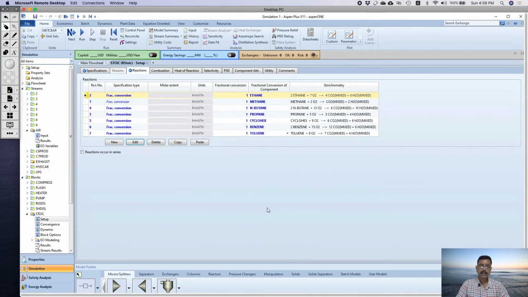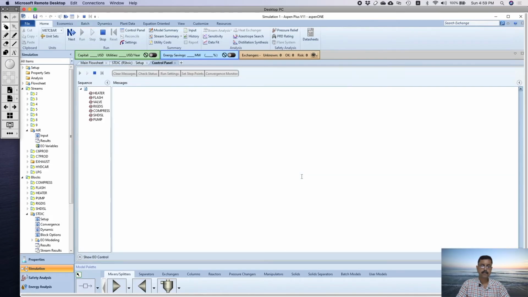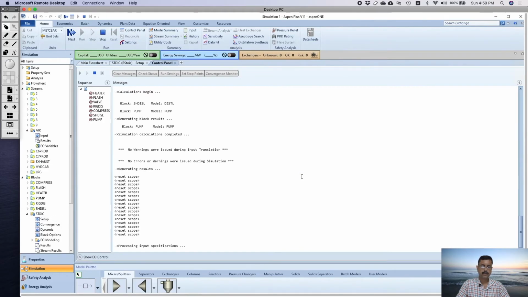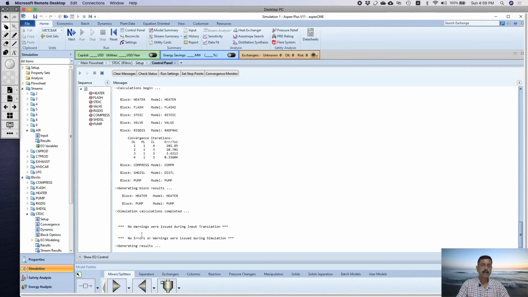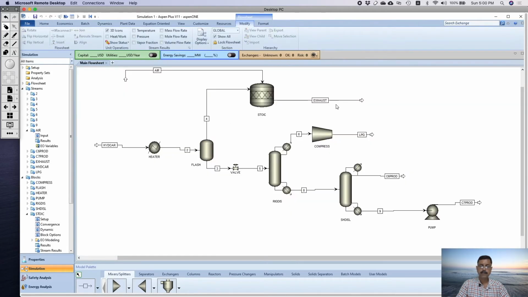Now all the reactions are given with their stoichiometry. Now everything is complete. Now next, let us run the simulation. Yes. So it is generating the result, no warning, no error. Let us see the result. Exhaust gas.